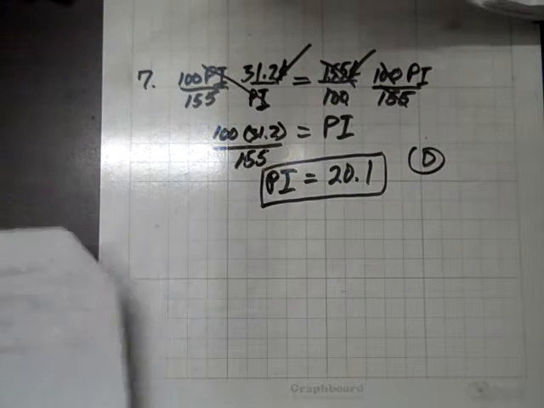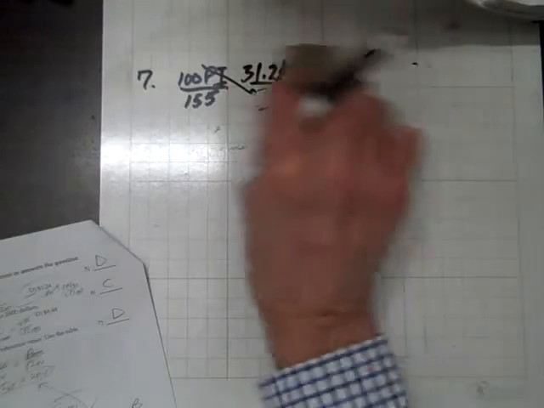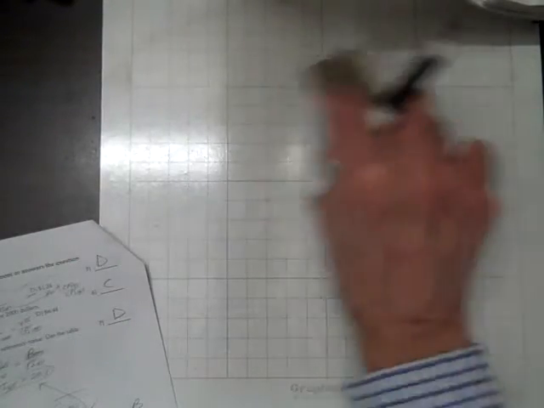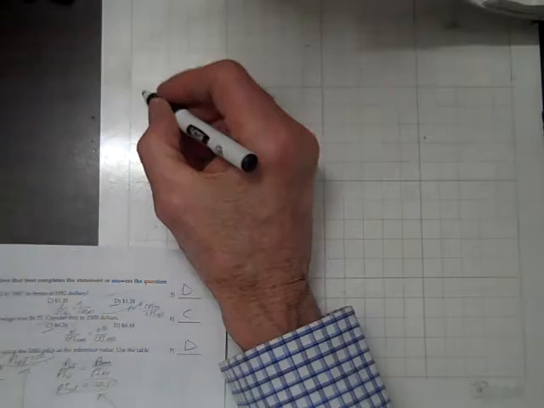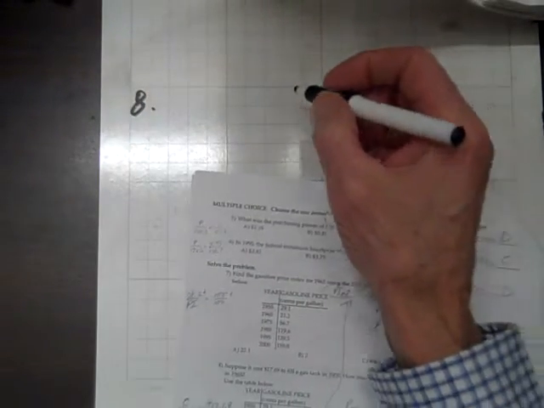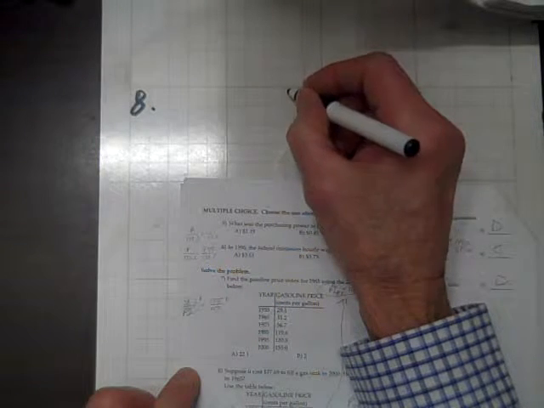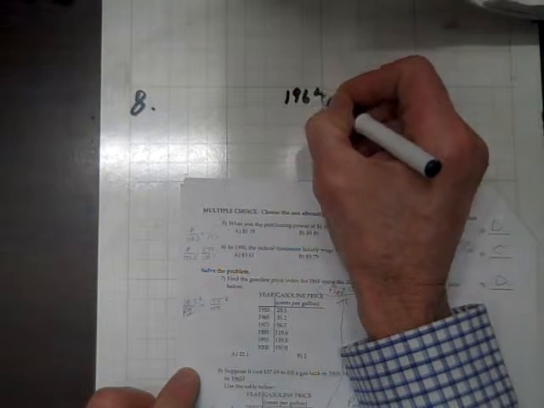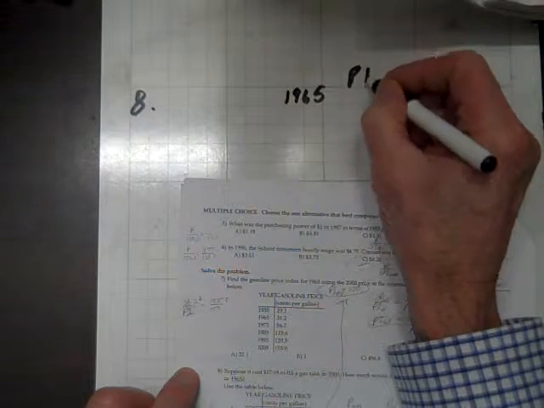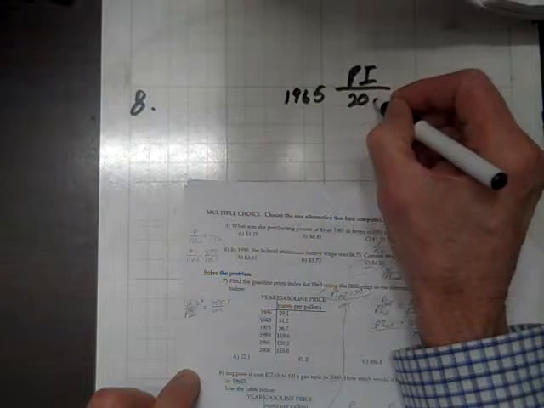So let's go on to question 8. Keep in mind we know the price index for 1965, P sub I, is 20.1.